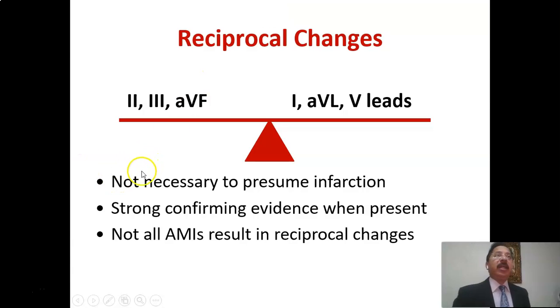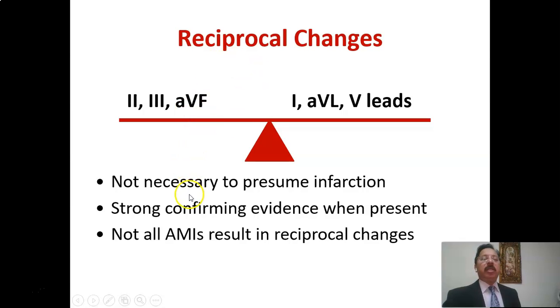So if you get ST segment elevation in leads 2, 3 and AVF, you may get ST segment depressions in 1, AVL and chest leads. These will be your reciprocal changes. And on the other hand, if you get ST segment elevation in 1, AVL or chest leads, you may get reciprocal changes in leads 2, 3 and AVF.